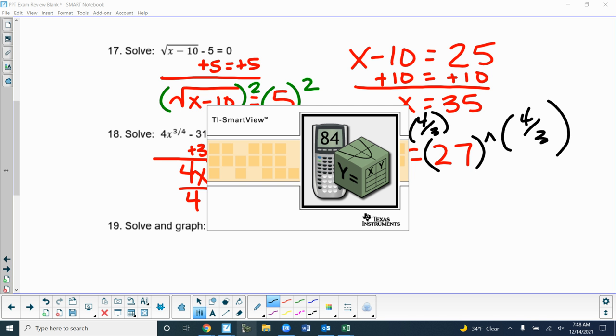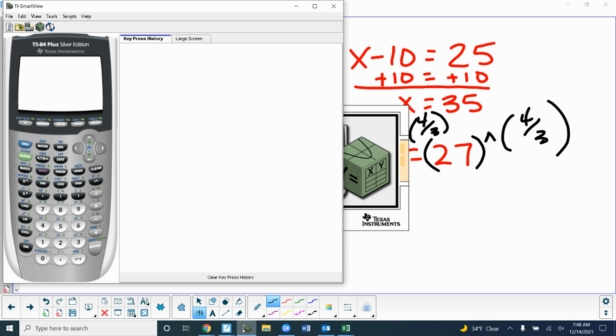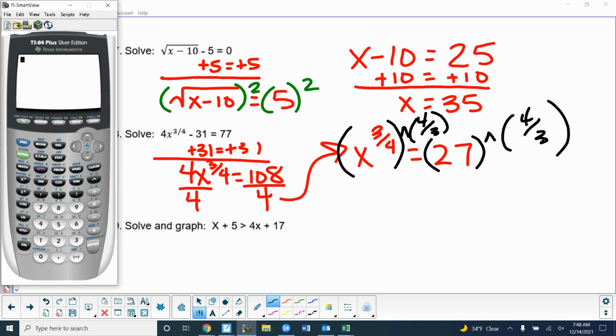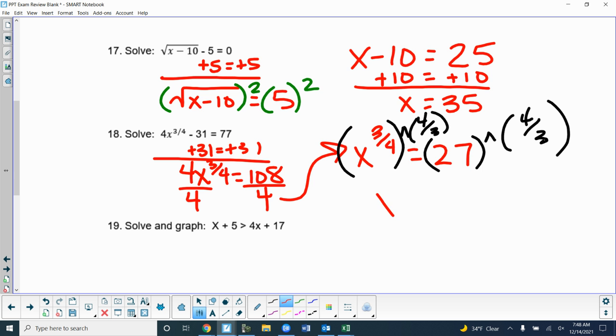All right, so remember, that's a mistake some of us made when we did these, is we just said 27 times 4/3 instead of 27 raised to the 4/3 power, which is the reciprocal of 3/4, right? So we get 81. There was something else we had to do for those.